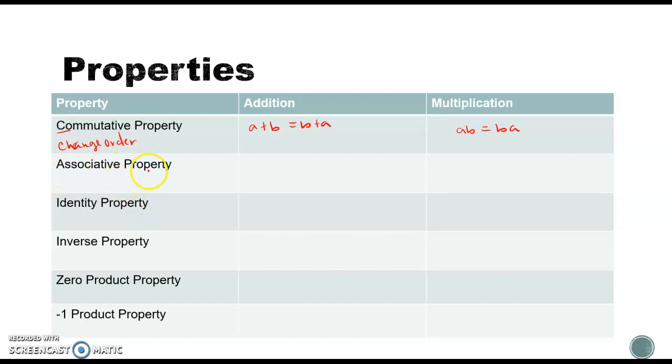All right, associative property. I have a cute little saying about that, but it's not effective unless you can see me do the hand gestures with it. But basically, it's all about the parentheses. So if I have (A plus B) plus C, that is equal to A plus (B plus C).